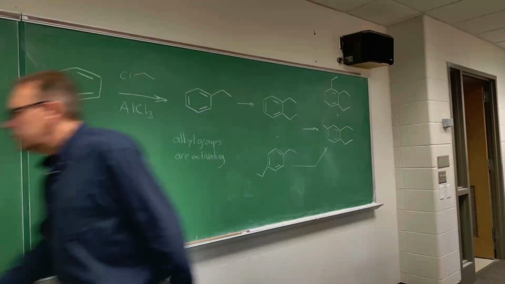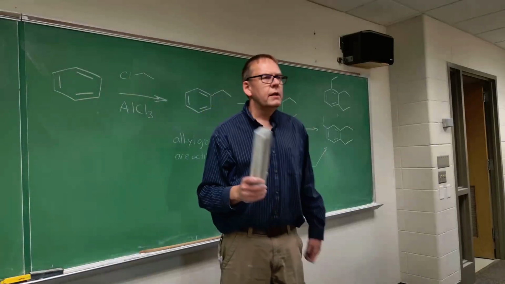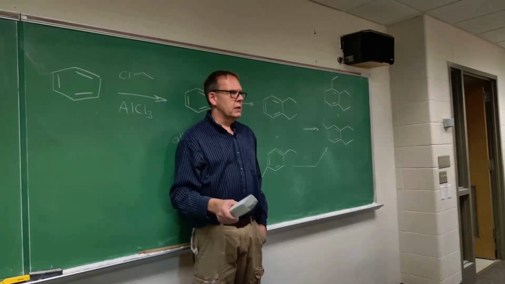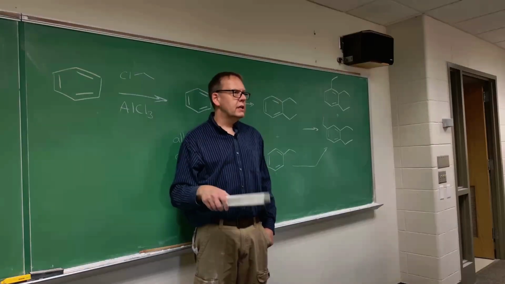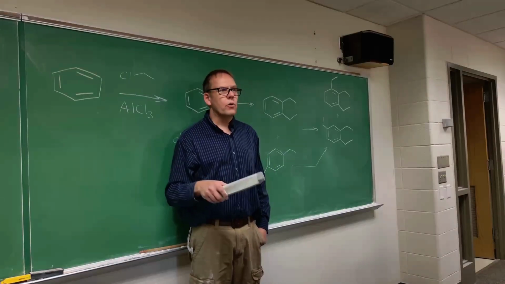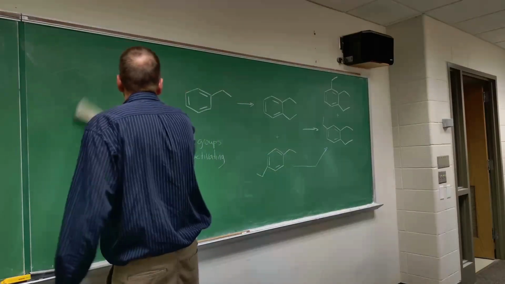Now we're going to get into situations that are a little bit more complicated, and what happens if you have two groups on a benzene ring. So we know we have this big list of substituents and what their activating and deactivating effects are, and whether they're ortho-para-directing or meta-directing. But what happens if you have more than one?